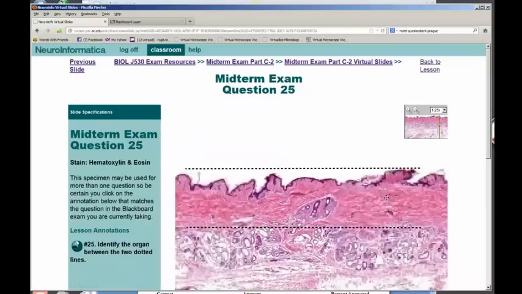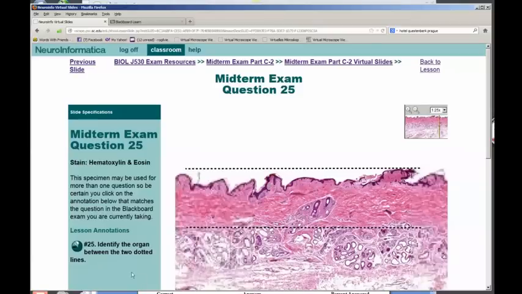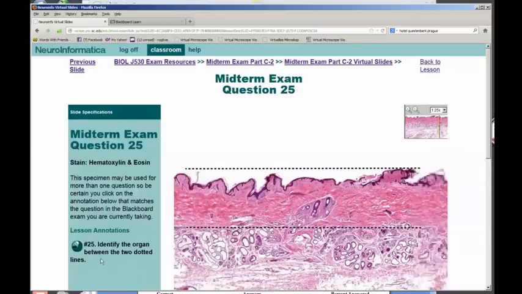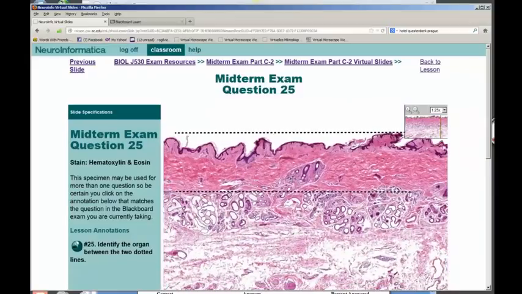Okay, I've already clicked on the button and it brought me to this where it says identify the organ between the two dotted lines. So now we have to decide what this is. Well, it certainly has different layers. There's a very dense and eosinophilic layer with some basophilic capping of that. And then you have these empty spaces surrounded by, it looks like, basophilic staining.